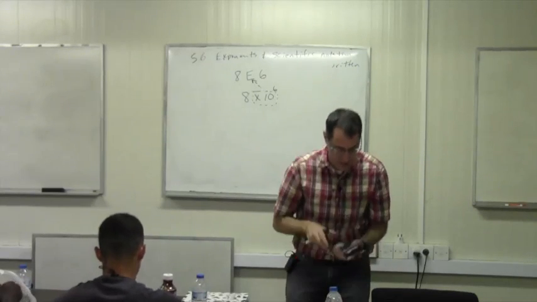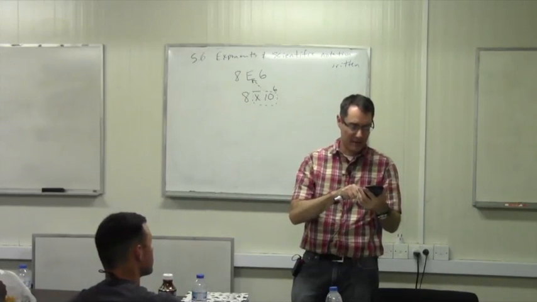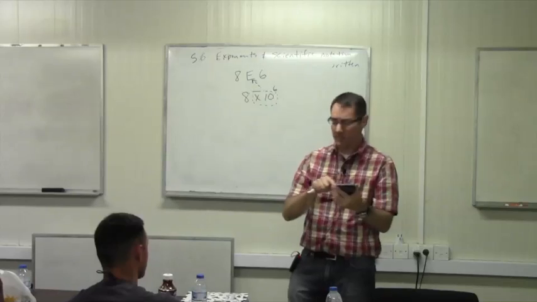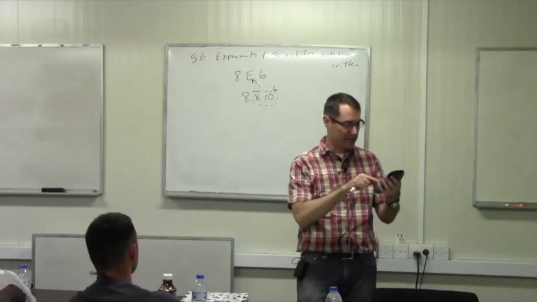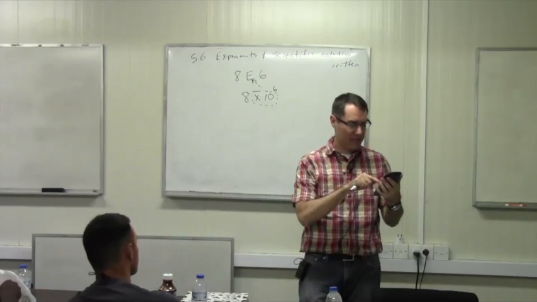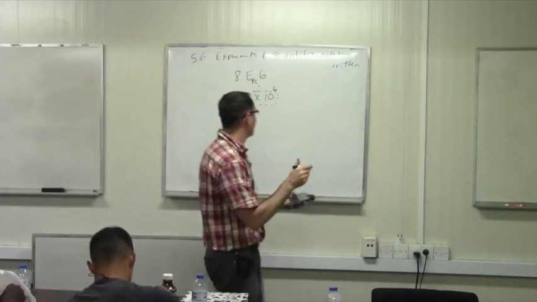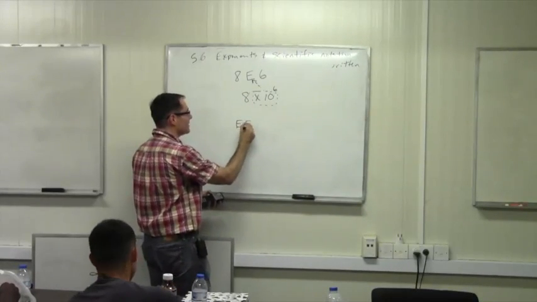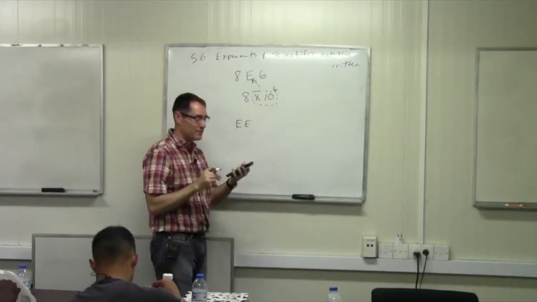Let's see. On this calculator, if we want to type 8 times 10 to the 6th, I would type 8, and then it's actually EE on this one. On some of the other ones, it might not be there.